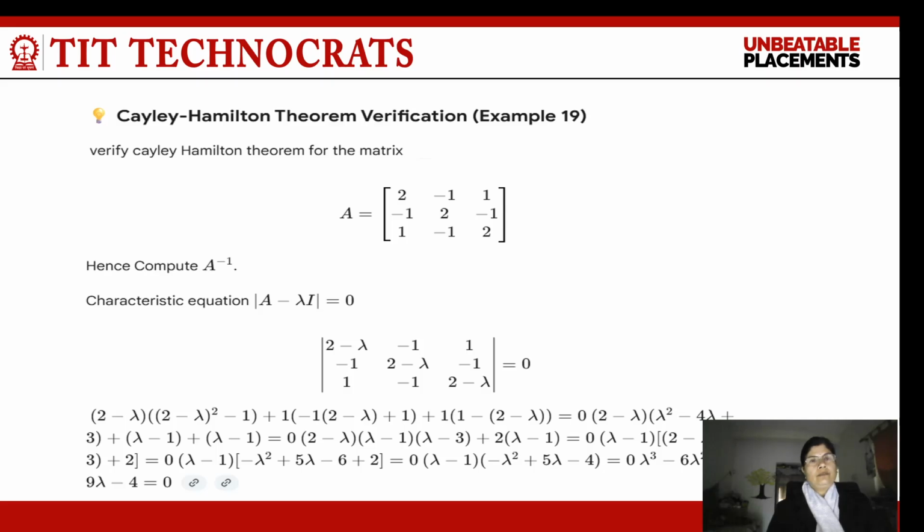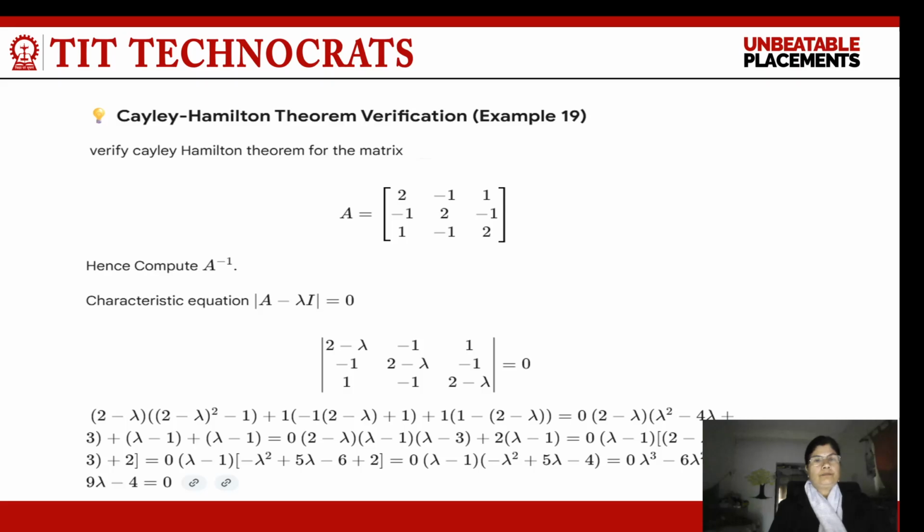Now students, we discuss another topic, the Cayley-Hamilton theorem. The Cayley-Hamilton theorem states that every square matrix satisfies its own characteristic equation.